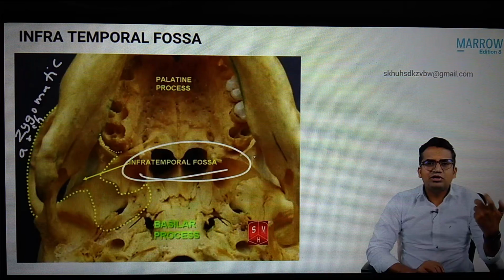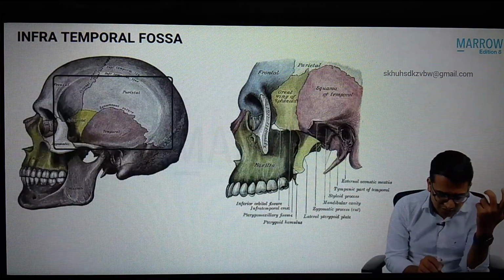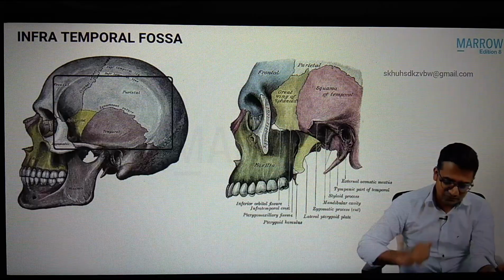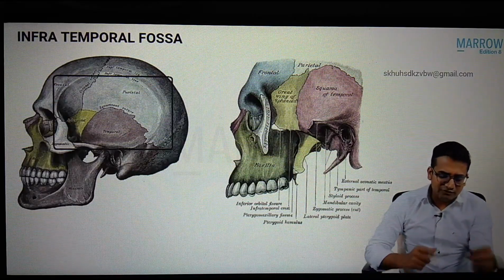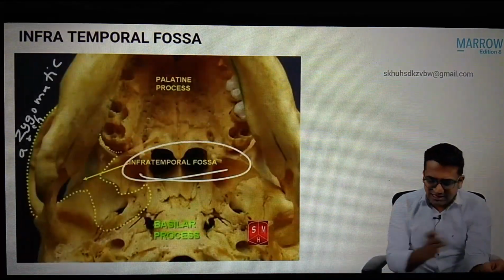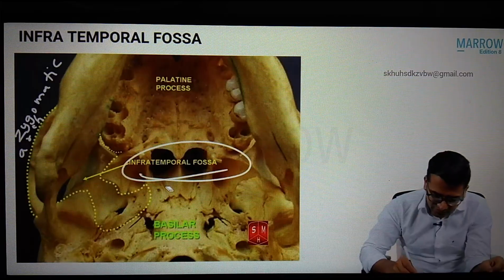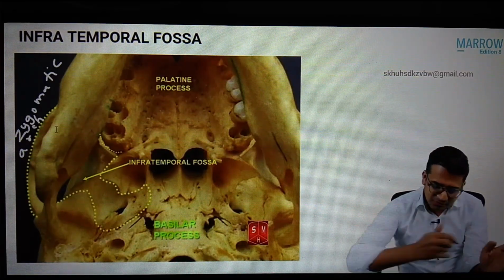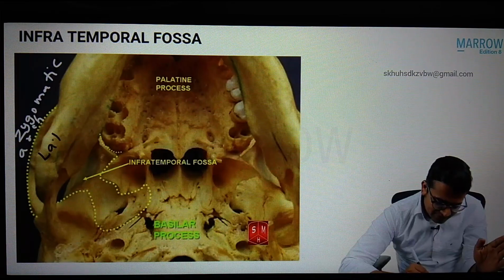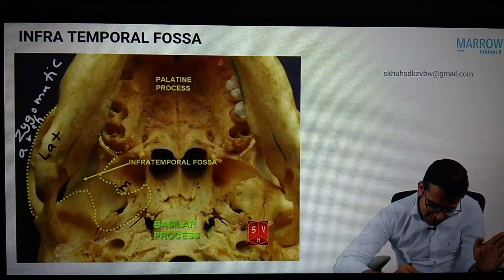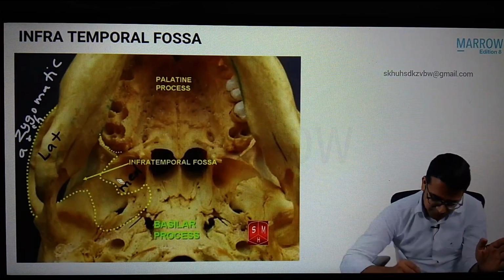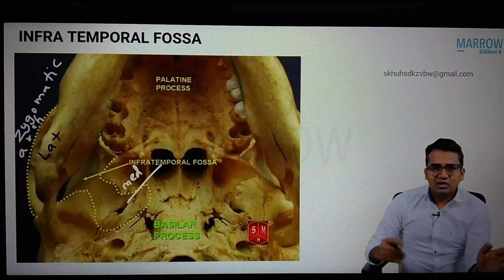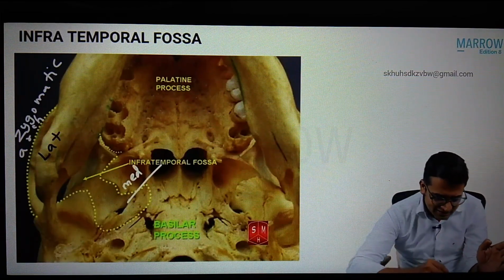Now, what is the exact boundary of the infratemporal fossa? See this diagram. Again, we are seeing the side view of the skull. The lateral boundary of the infratemporal fossa is, see here, this is the lateral side and this is the medial side. Laterally, we are seeing this bone.